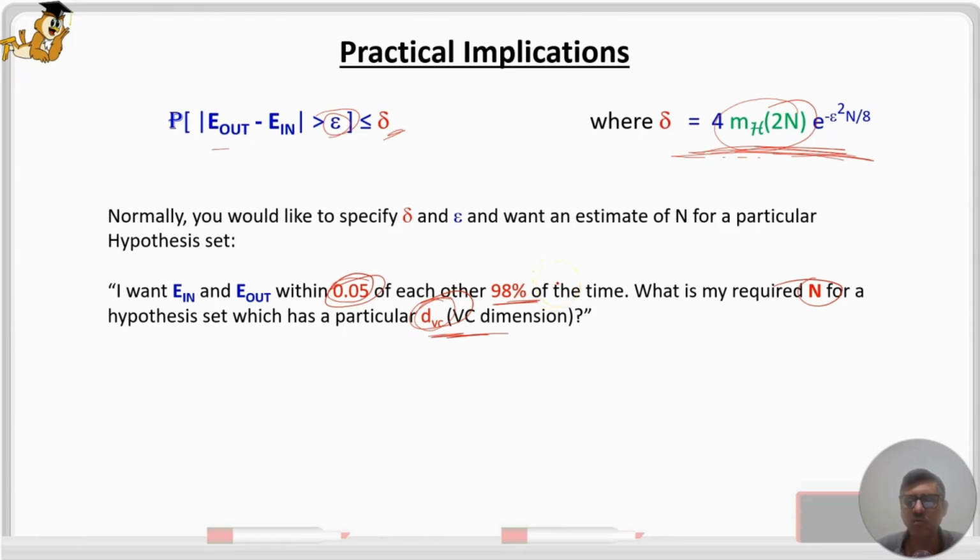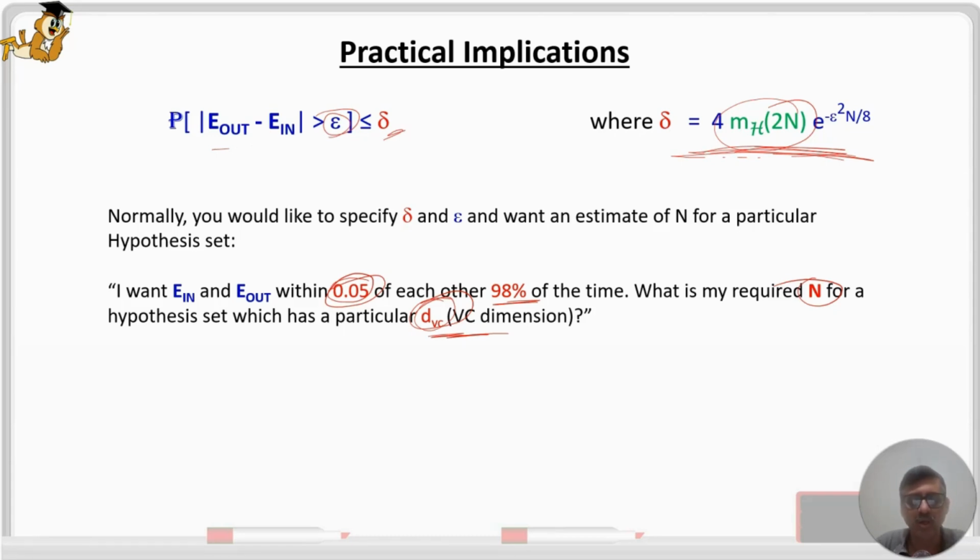What can you say off the bat about the relationship between n and dVC? What you can immediately say is that you do not want to choose a hypothesis set that is more complicated than it needs to be.